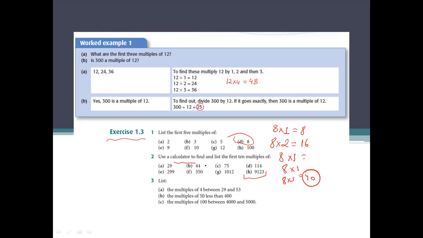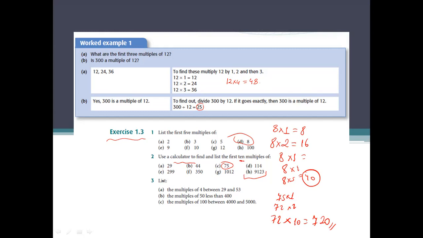You can use the calculator. For example, I want to solve option C, which is smaller than H. 75 times 1, 75 times 2, and so on. The last one, 75 times 10, is equal to 720.